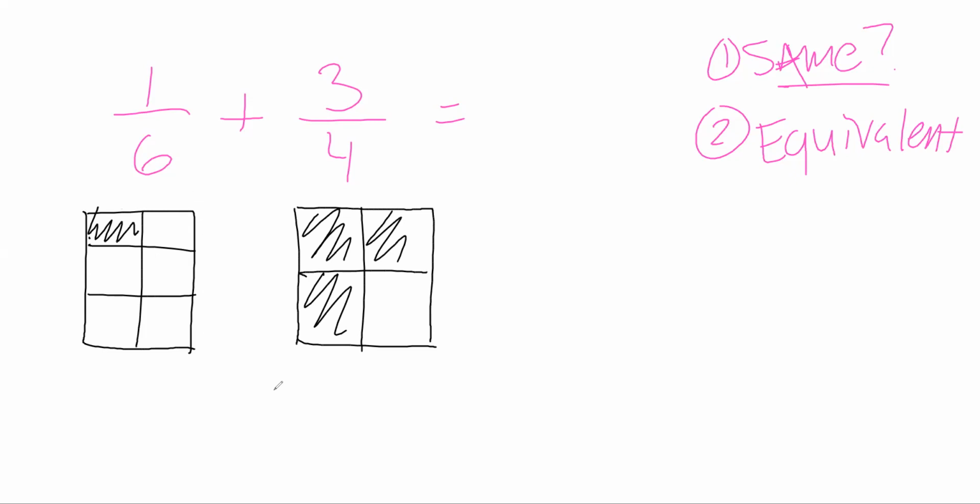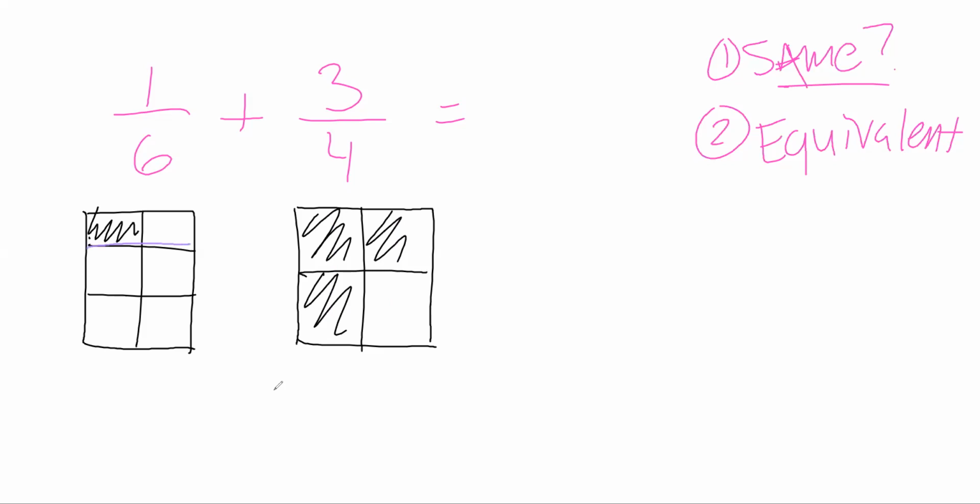So let's start playing around. Let's see if I go here and I go here. That would be 1, 2, 3, 4, 5, 6, 7, 8 pieces. And that's not gonna really help me over here. I don't see 8 and 6 being friendly, right? When I think about those multiples, least common multiples or common factors, that doesn't really come in handy. So maybe I can use the other model to help.